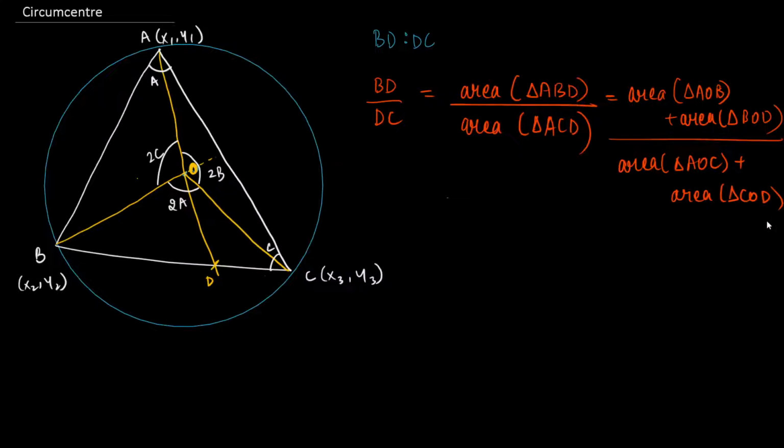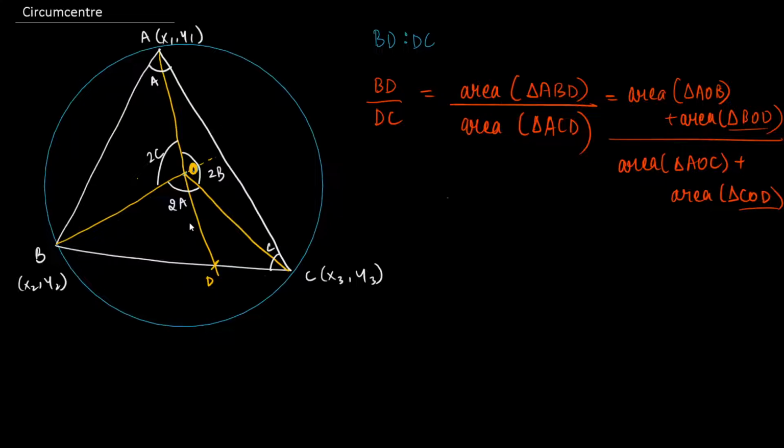Does this lead us anywhere? Well, first of all, we do know that 2C and 2B are the included angles in triangles AOB and AOC, but what about BOD and COD? We can't exactly find these angles in a simple enough manner.